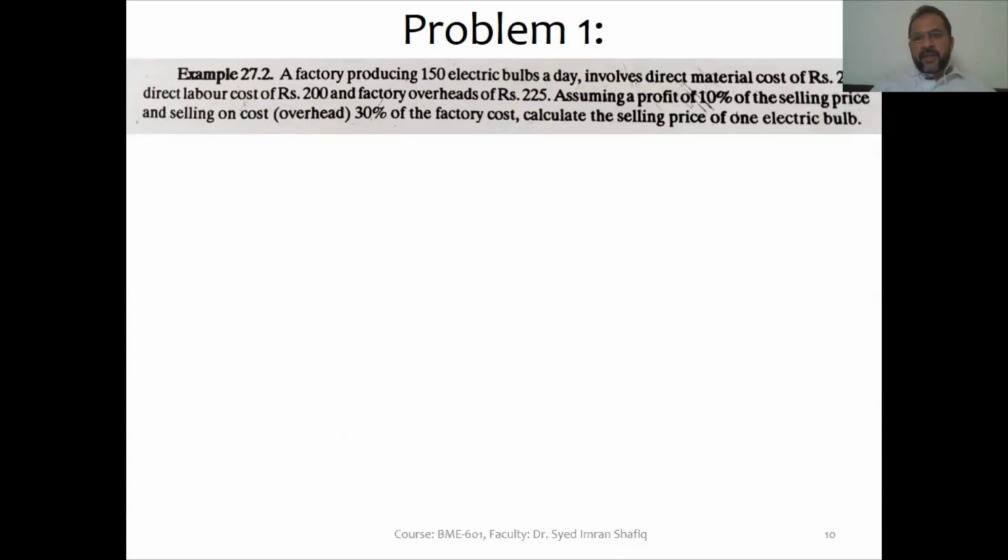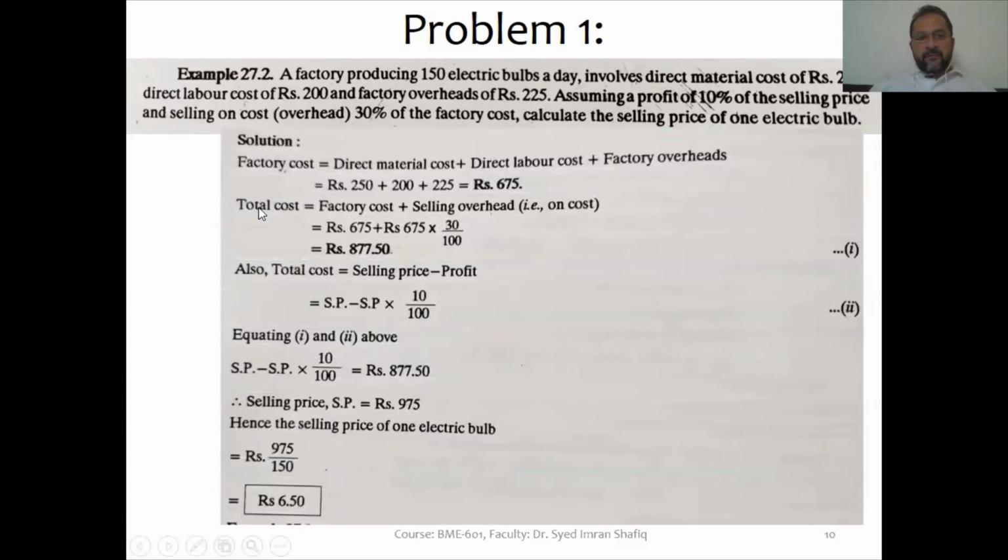Assuming a profit of 10% of the selling price and the selling on cost or overhead of 30% of the factory cost, calculate the selling price of one electric bulb. So the data that is given to us is direct material cost, direct labor cost, and factory overheads. We add these three together to calculate the factory cost. It comes out to be rupees 675.